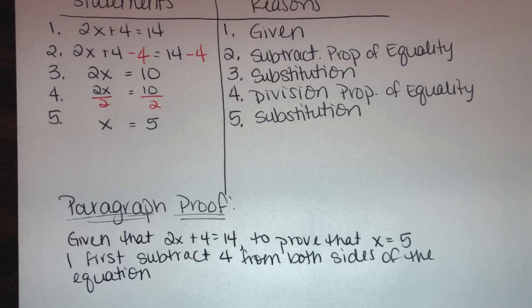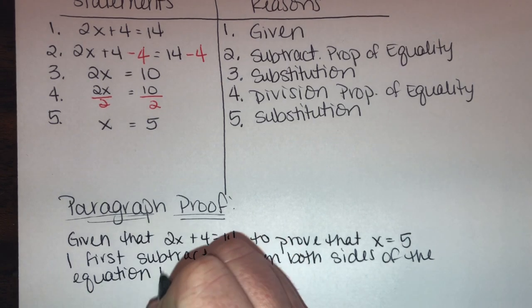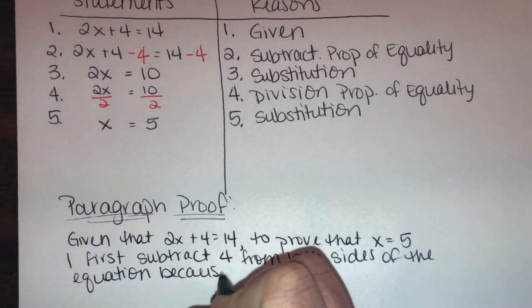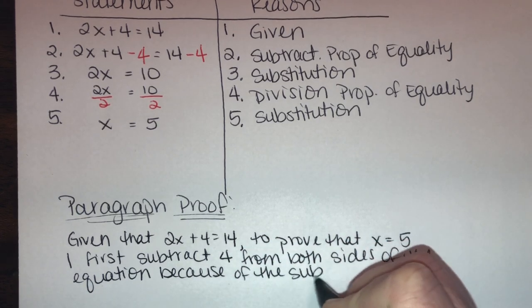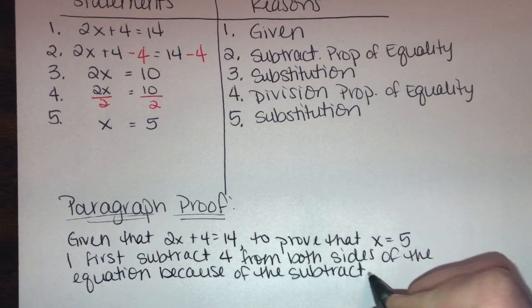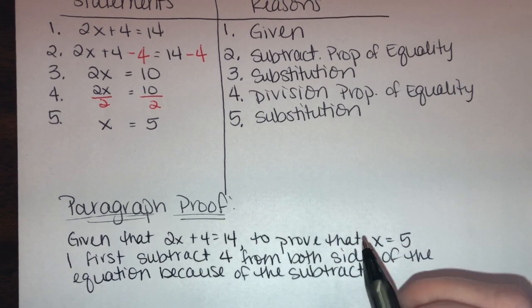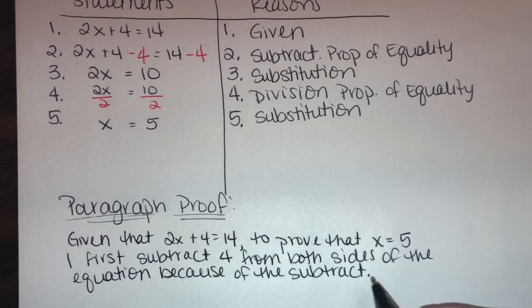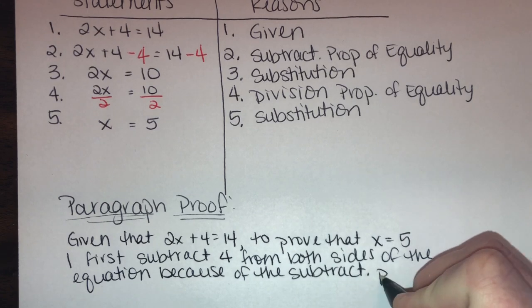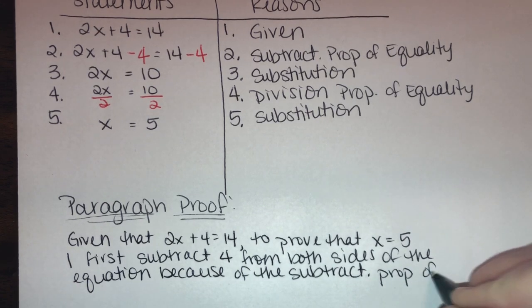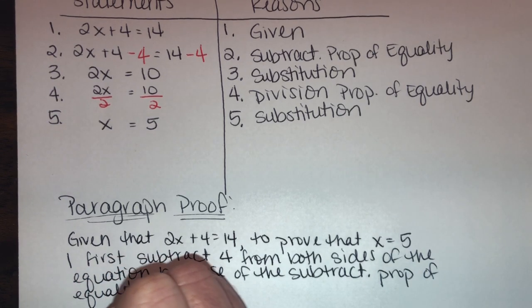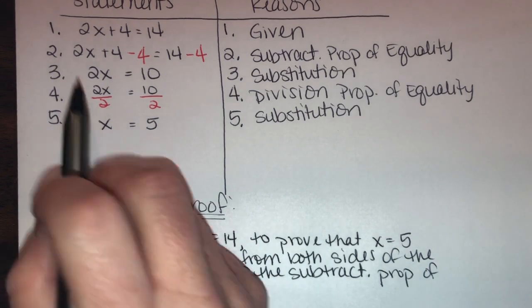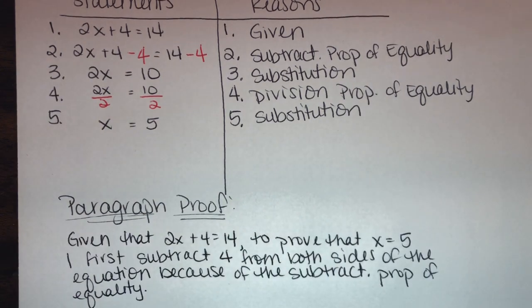And what's the reason? Because of the subtraction property of equality. So I'll say because of the subtraction, and I'm going to abbreviate. Please do not abbreviate, just for the sake of the video, I'm abbreviating. The subtraction property of equality. Okay, so that's my first 2 lines.